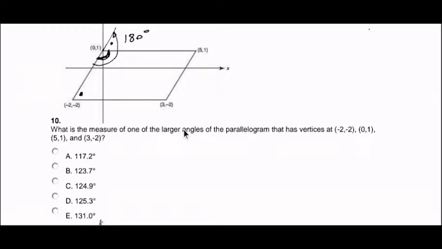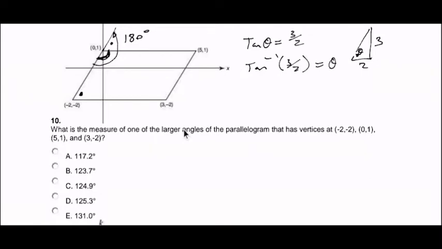Alright, so what is the angle down in the corner? So let's look at the triangle, let's look at the dimensions. So if we go up vertically to 0, 1, that will give us a height difference of 3. And if we go across then to 0 from negative 2, that's 2. So tan of that angle, theta, is equal to 3 over 2. And then tan inverse of 3 over 2 is equal to theta.